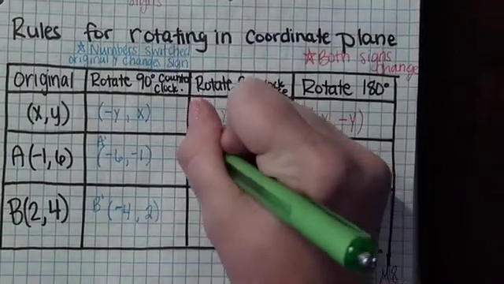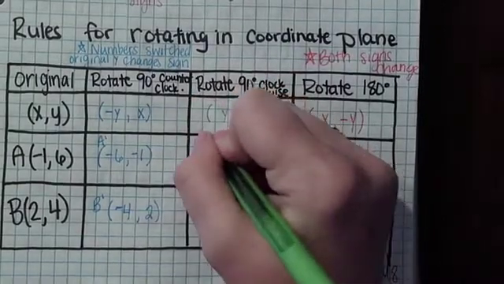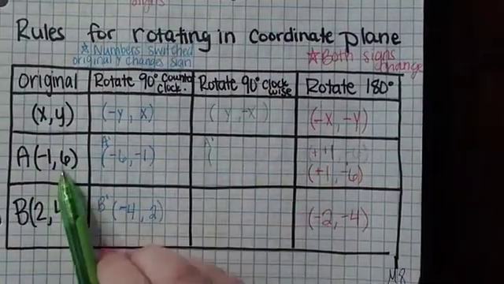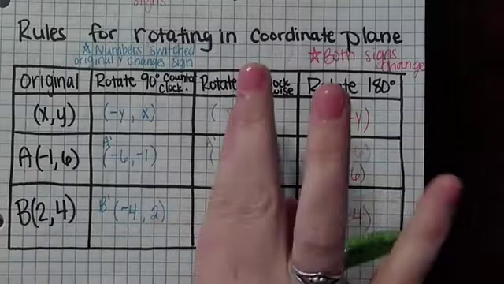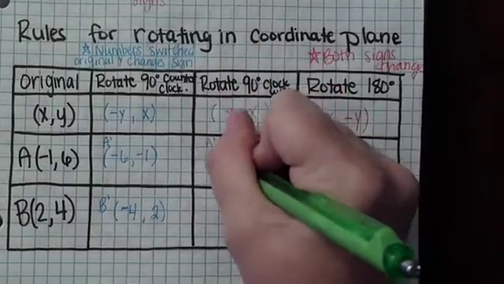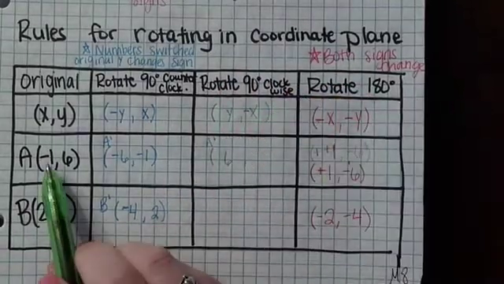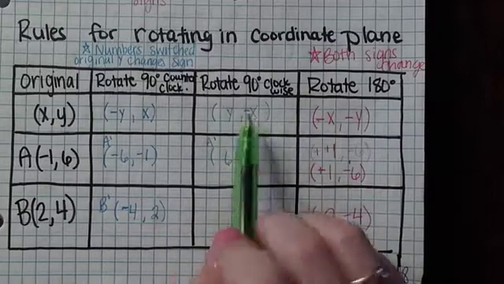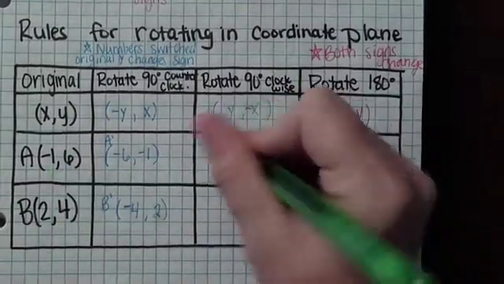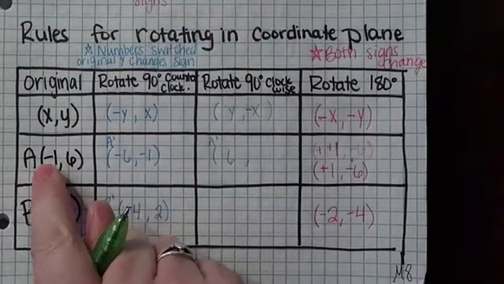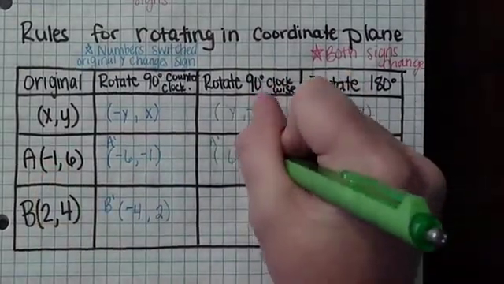So this is going to be a prime again. -1, 6. So we change the order, so the numbers switch, so it's going to be 6, and then change the sign of x. So 6, and then what's the opposite or changing? If it's negative, it's going to become positive.